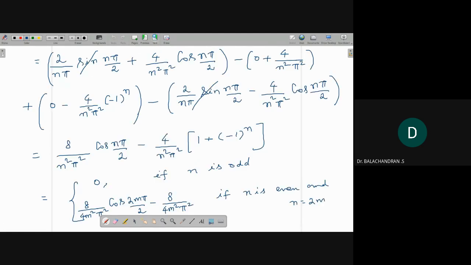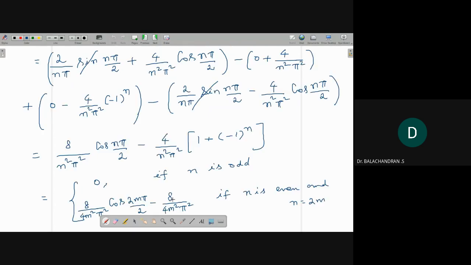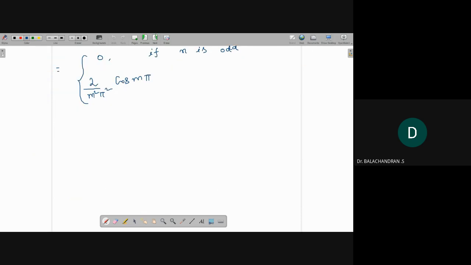Cos m pi is minus 1 whole power n. And minus 2 by m square pi square, if n is even and n equal to 2m.